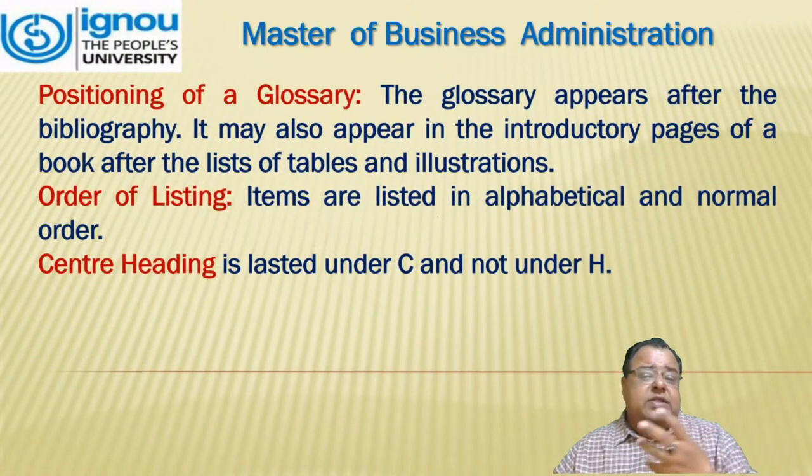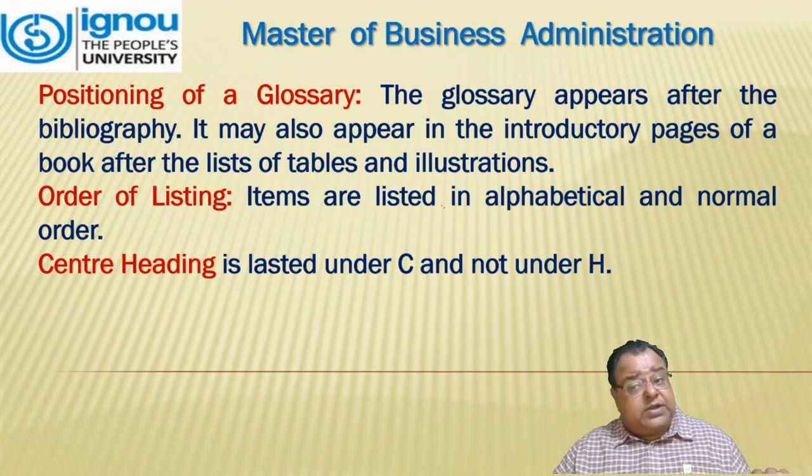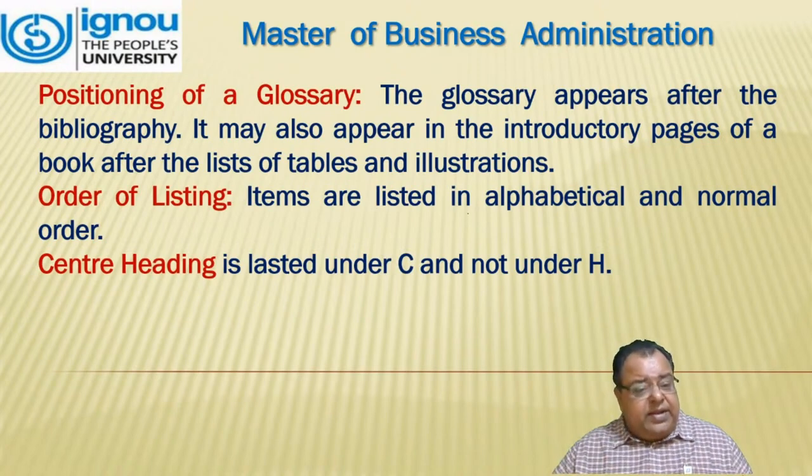Positioning of glossary. The glossary appears after the bibliography. It may also appear in the introductory pages of a book after the list of tables and illustrations. Order of listing. Items are listed in alphabetical and normal order. Center heading is listed under C and not under H.